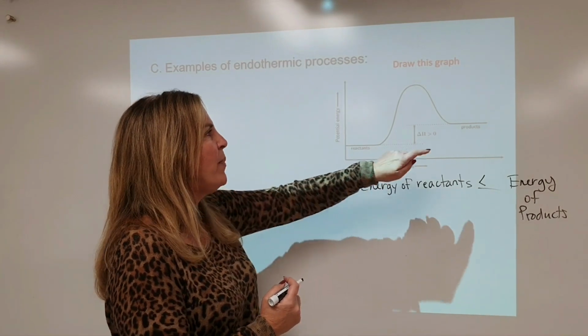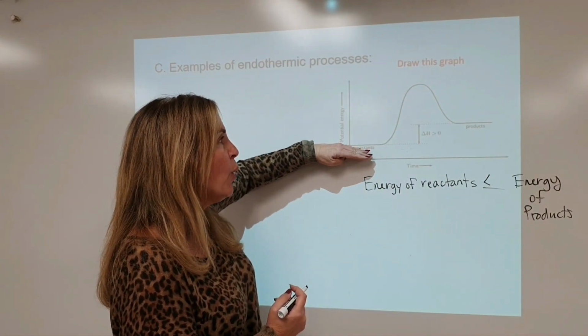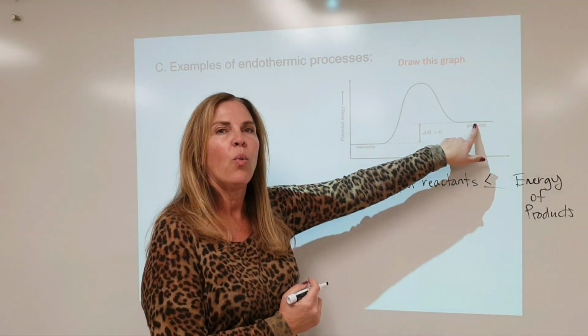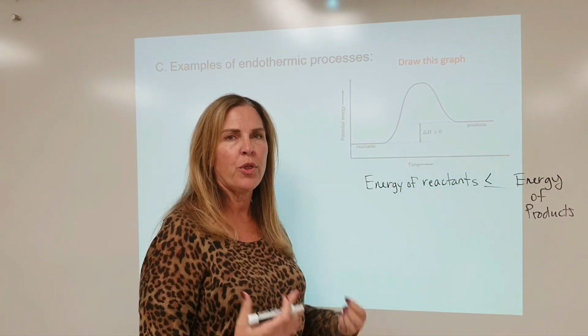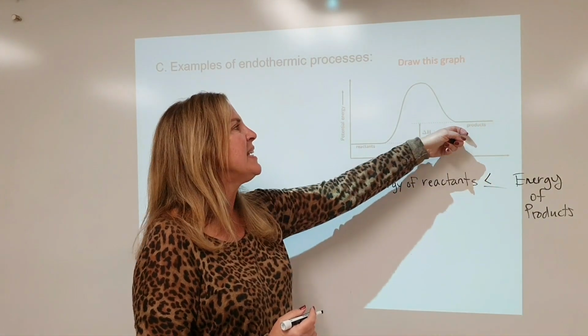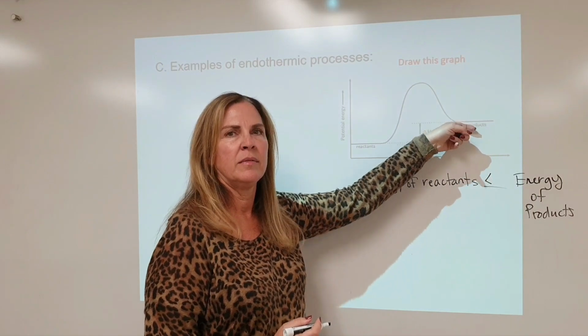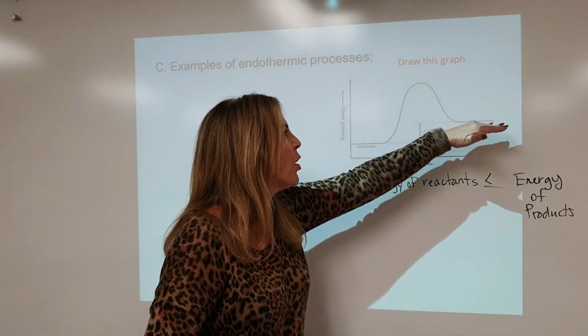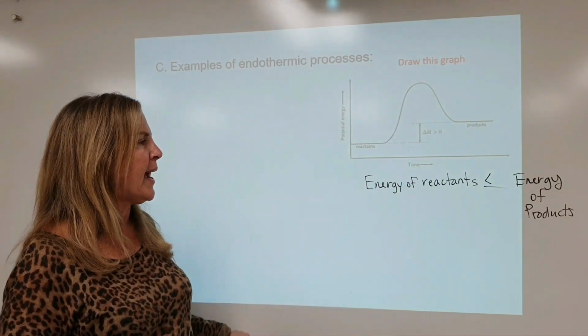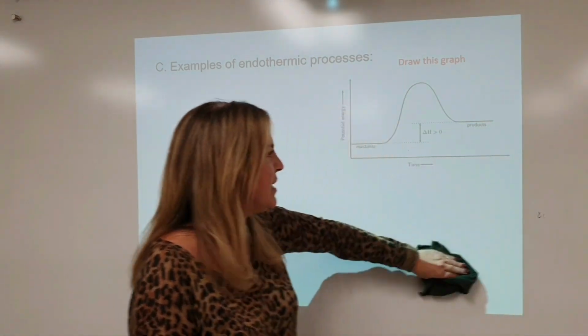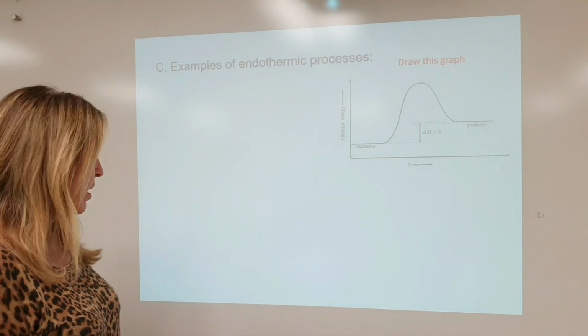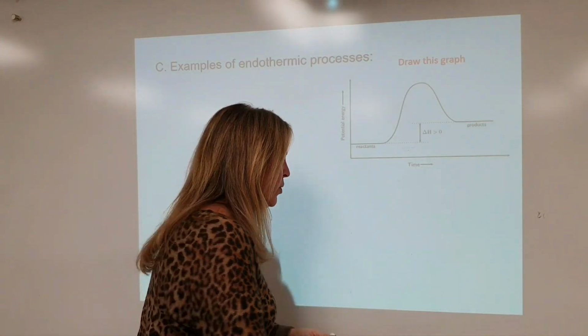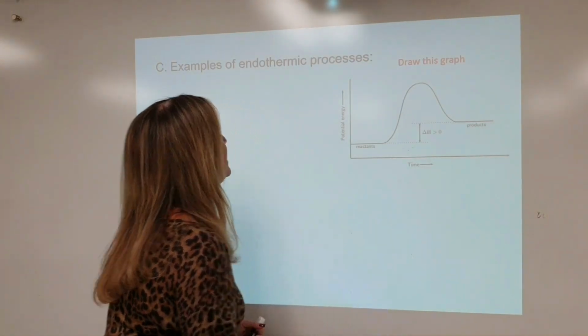So when that happens, when our reactants are lower in energy than our products, we are going to call this an endothermic reaction, all right? Heat is absorbed here, not released. And we know that because the products are higher in energy than our reactants. Okay, now let's take a look at some examples of endothermic processes.